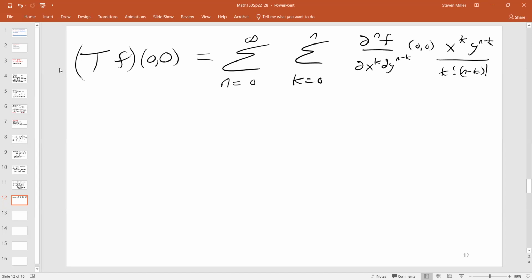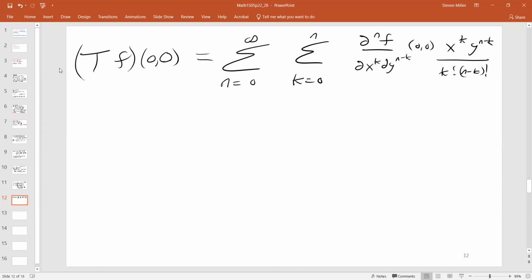And now if I take k derivatives of my initial function with respect to x, and n minus k derivatives of my function with respect to y, and set everything equal to 0, the x to the k will give me a k factorial times that. The y to the n minus k will give me n minus k factorial, and this at 0, 0 will just be that.